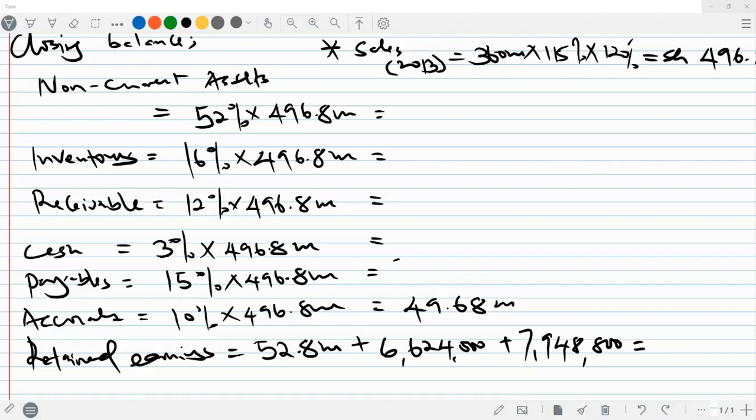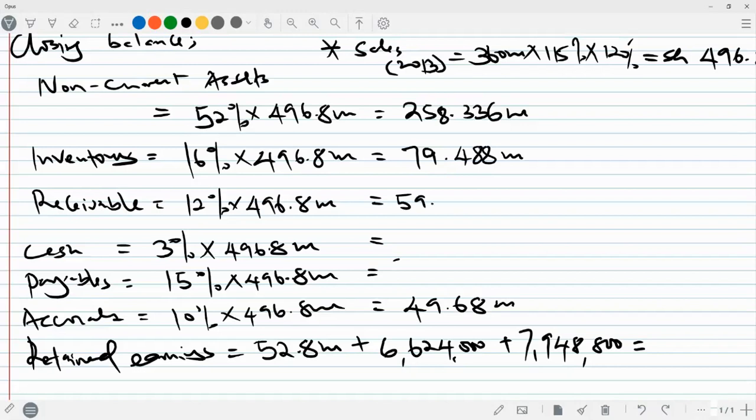For non-current assets, it's 258.336. Inventory 79.488. Receivable 59.616.